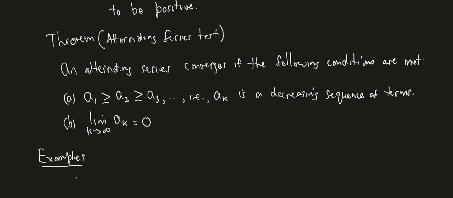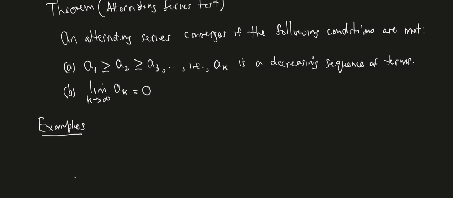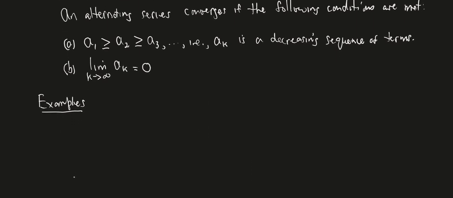Okay, so we're going to do some examples. The idea is to point out that these are alternating, and apply our test to see if the alternating series passes both of these tests or not. Here's the thing about these two conditions: it comes back to our ability to do limits.